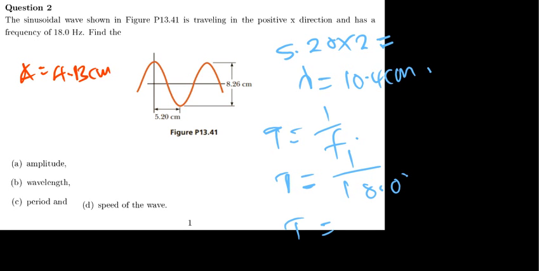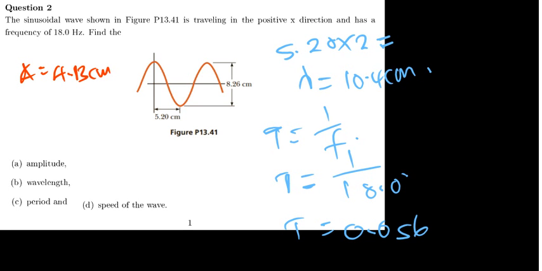I'm getting 0.055 as our period, which is 0.055 seconds. That is our period.